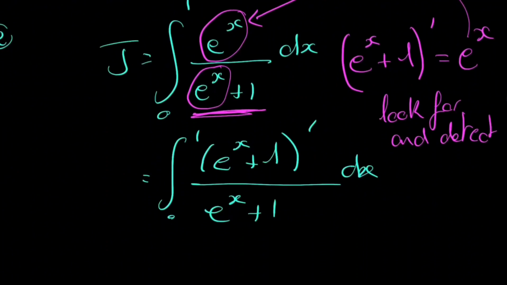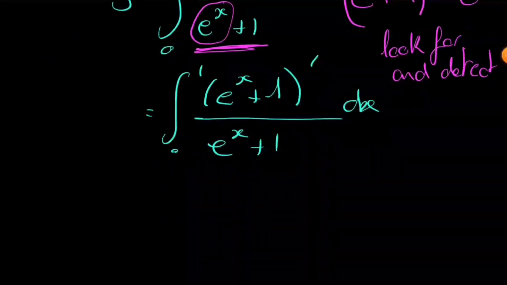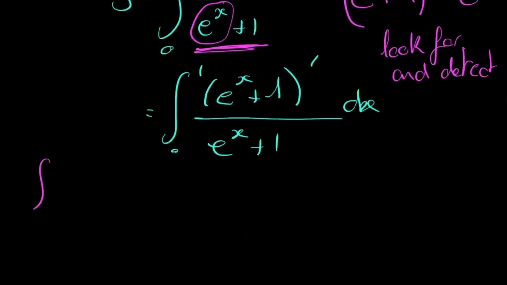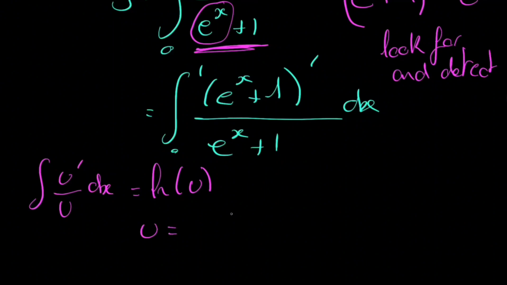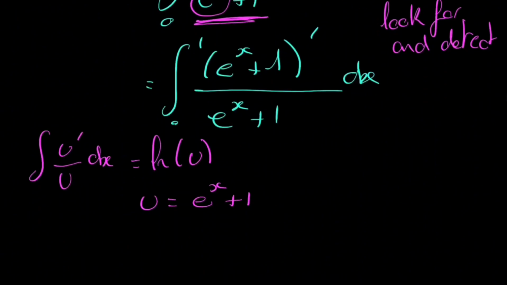That's something that comes with time. You know that something of the form integral of u prime over u dx is equal to ln of u. So why not set u equal to exponential of x plus 1.